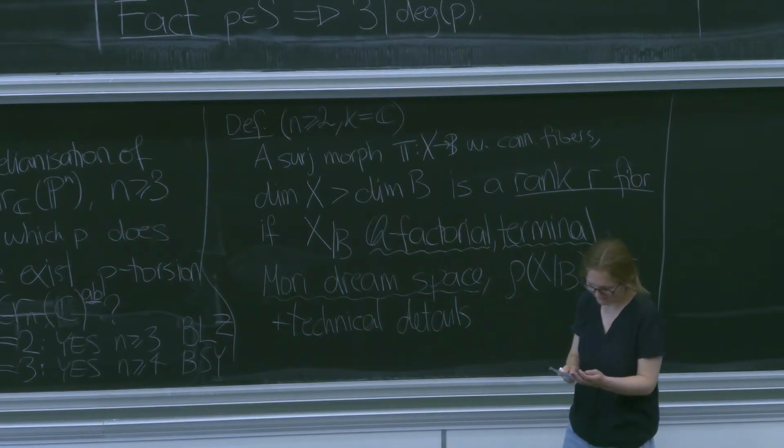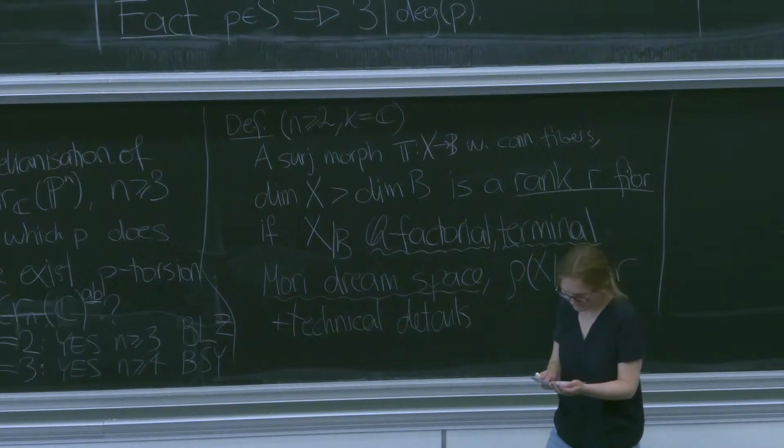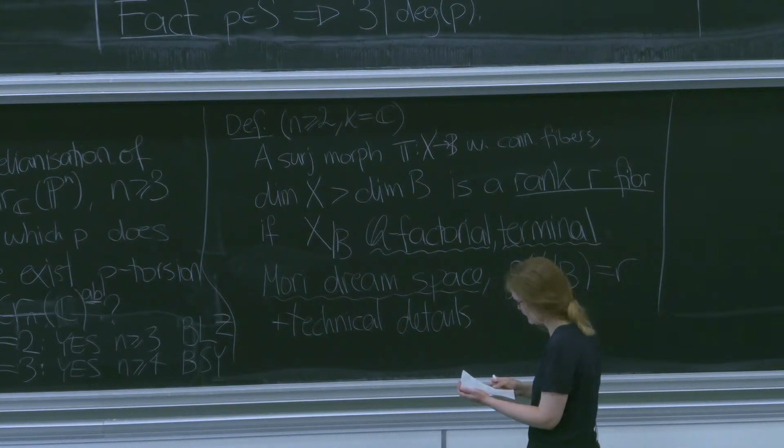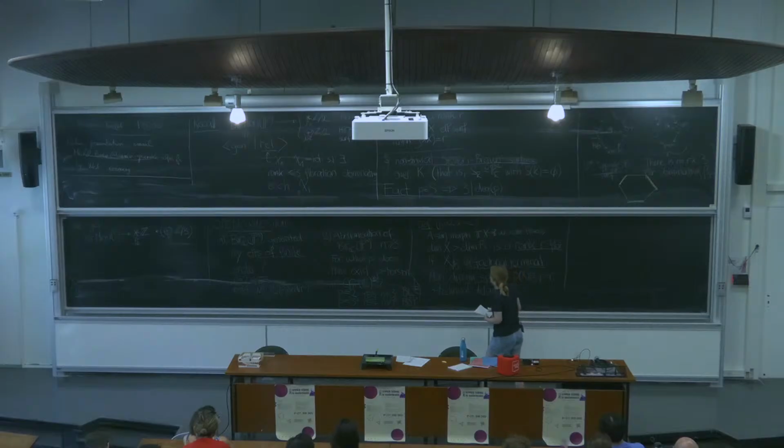And in this sense, I would like to make a comparison with del Pezzo surfaces, right? Because a del Pezzo surface is very nice with respect to contracting -1 curves.